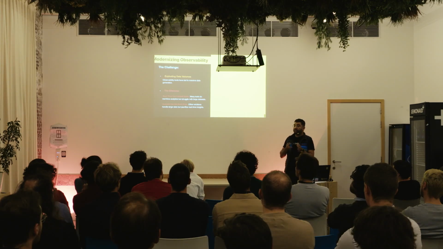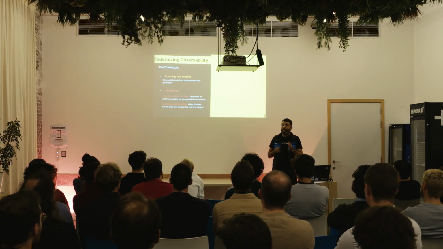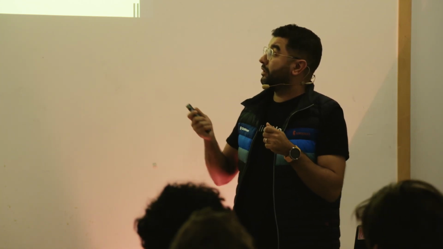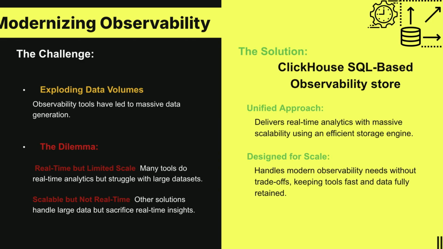And in the observability market, customers are facing a dilemma between solutions that have real-time capability but struggle with large data sets, or, on the other hand, solutions that handle large data but sacrifice real time. That's why ClickHouse becomes an obvious solution, because it combines scalability and real time.